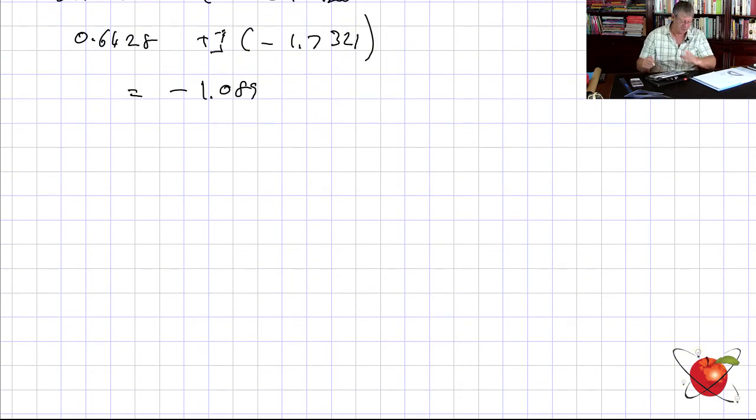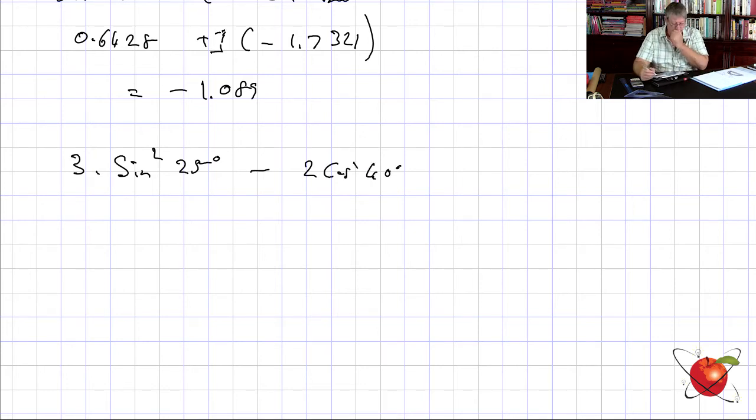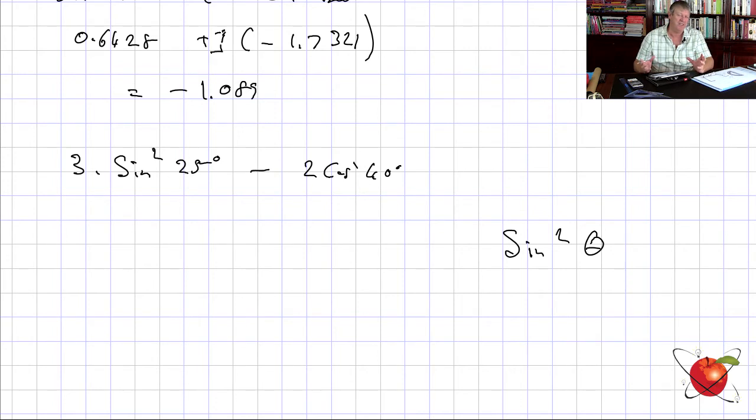Let's have a look at this now. 3 times sine squared of 25 degrees minus 2 cos squared 40 degrees. How do we deal with this? Let's have a look at this on its own. Sine squared of theta. Now, this is something you've got to remember, and what you do is you straight away change the sine squared until you get stronger at it. The definition of something squared is something times itself.